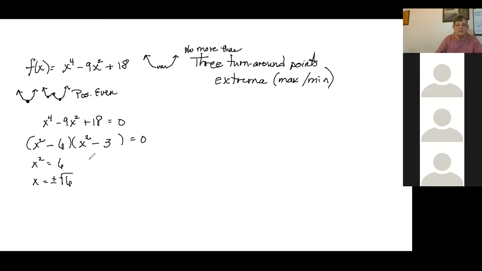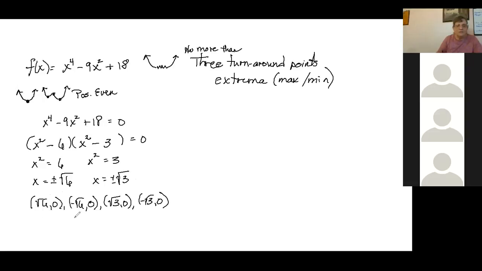X squared minus 3 equals 0 is going to give me x squared equals 3, or x equals plus or minus the square root of 3. So this is going to have x-intercepts at the square root of 6, 0, the negative square root of 6, 0, square root of 3, 0, and negative square root of 3, 0.